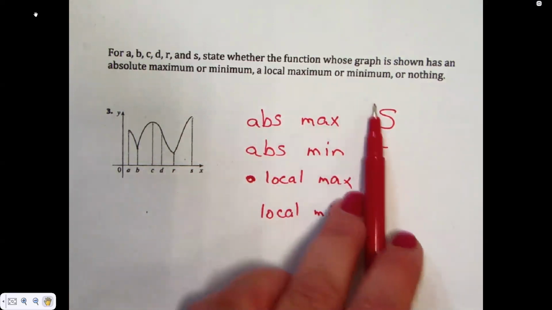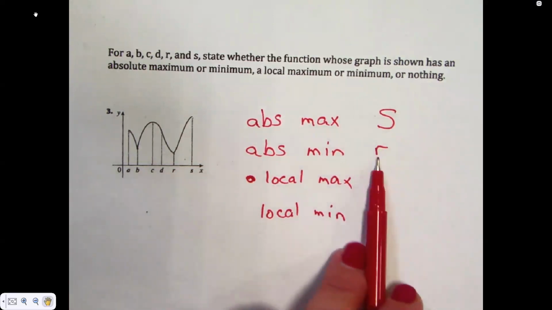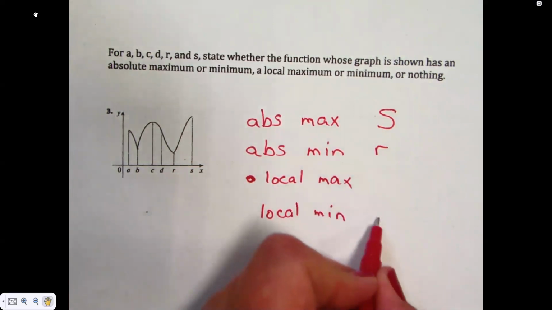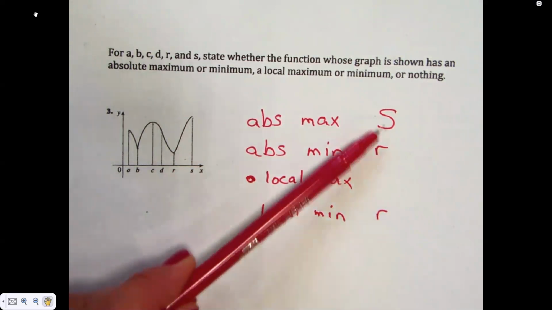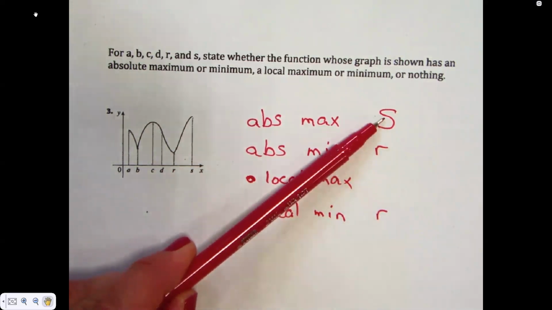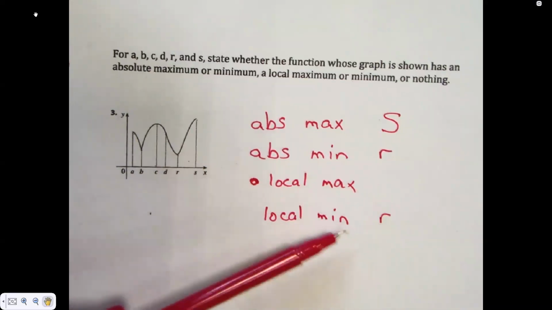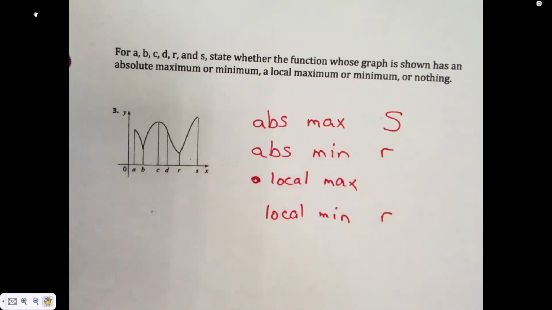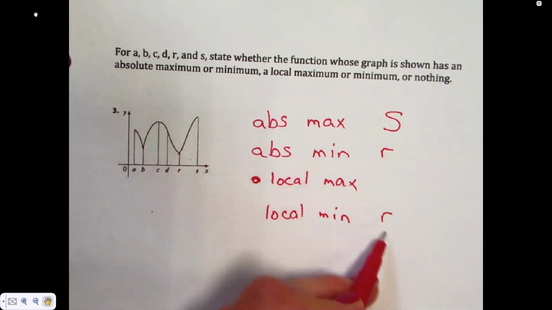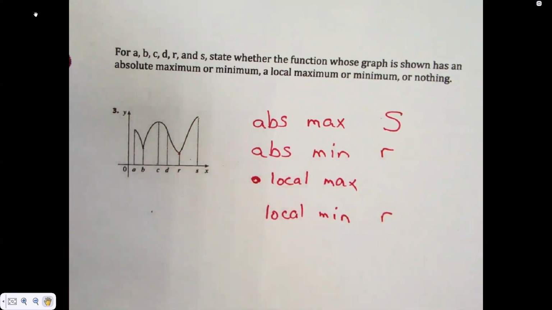How come I'm not going to use S for local, but I am going to use R for local? Does that make sense? Because if S is an endpoint, it can be absolute, but it cannot be a local. But R was not an endpoint, so it automatically falls in as a local.